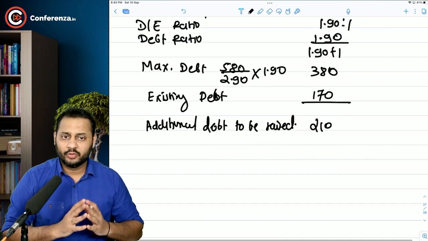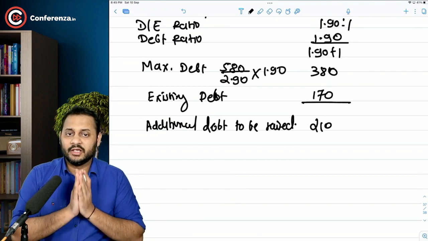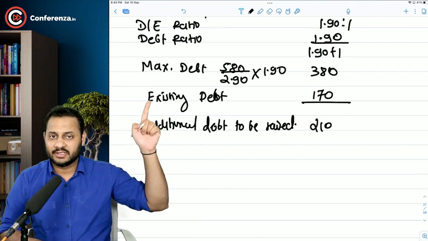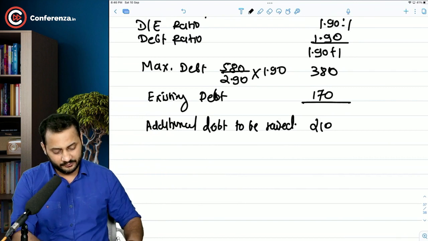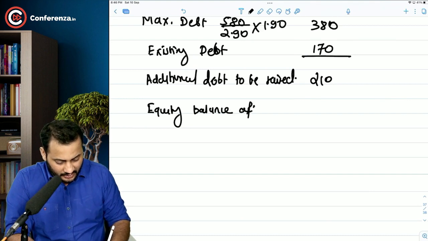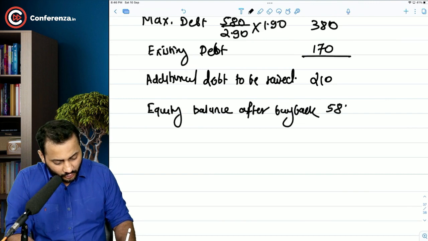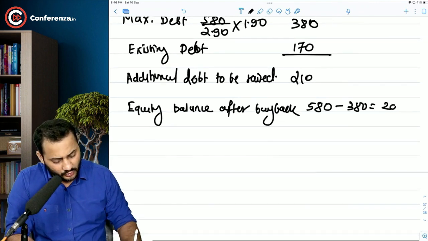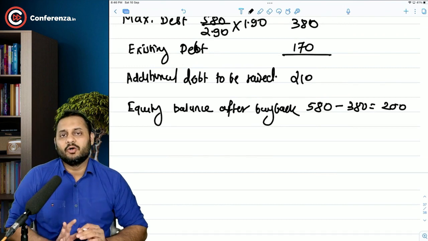In total, we will have the debt of 380, in terms of existing 170 and additional 210. Now, equity balance after buyback will be total capital 580 minus 380 debt. So 200 will be the equity capital now.